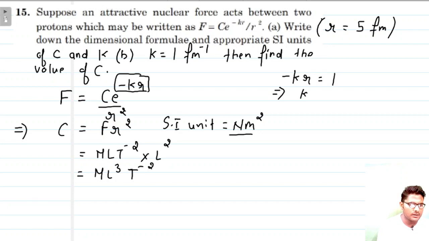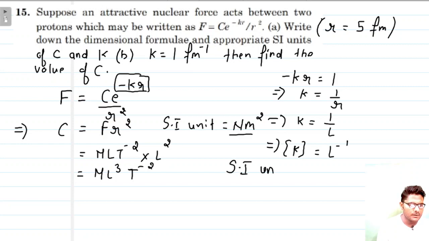So the dimension of k should be equal to 1 upon r. Since r is a length, the dimension of k is L inverse, and its SI unit will be meter inverse.